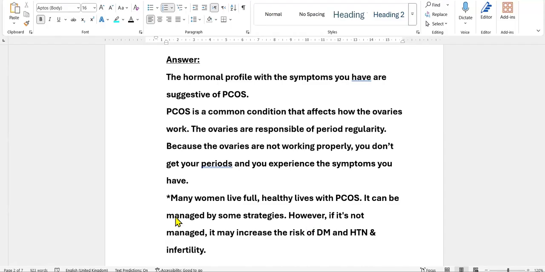The prognosis is manageable, or you can say many women live full, healthy lives with polycystic ovarian syndrome. It can be managed with some strategies, and you can tell her what will happen if it's not managed.